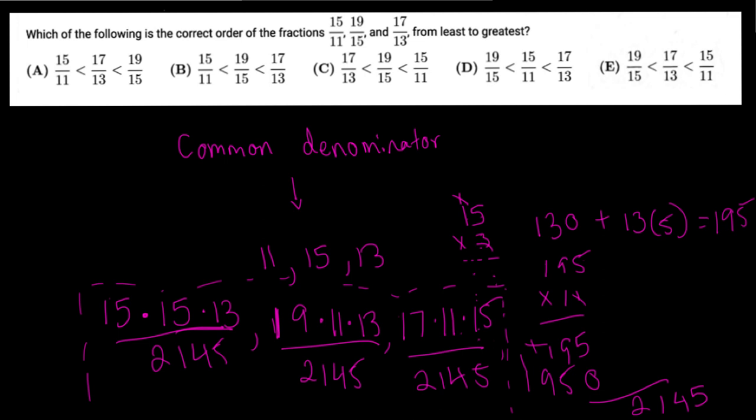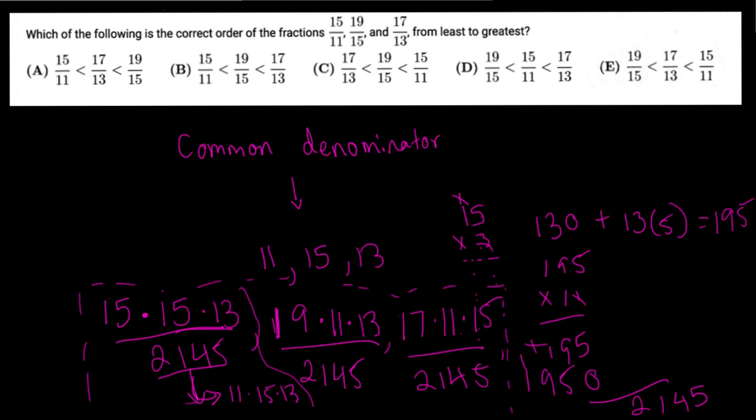Because if you're really thinking about it, the way we got this denominator number here, I'm going to go ahead and write it out for this one, is we said, okay, 11 times 15 times 13. And since this fraction was 15 by 11, what we did was we multiplied the bottom by 15 times 13, and we multiplied the top by 15 times 13. So in order for us to have an accurate answer, that's what we need to do.